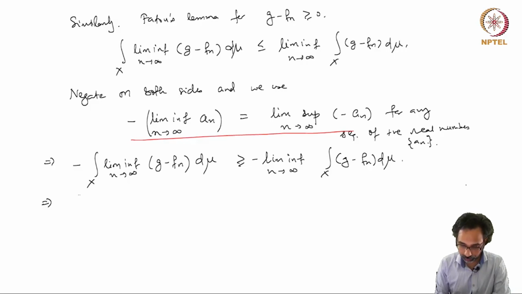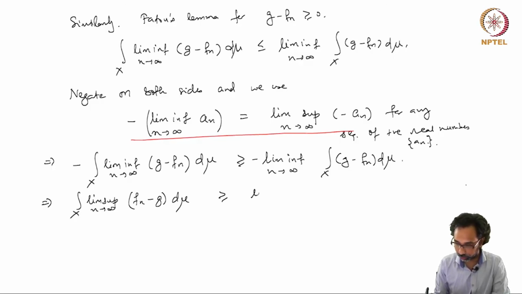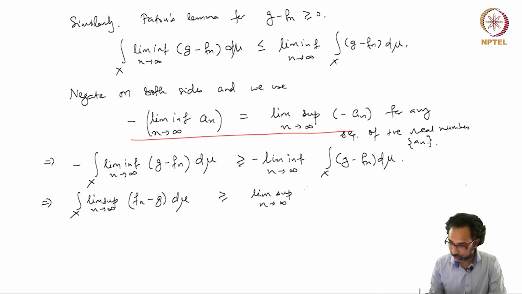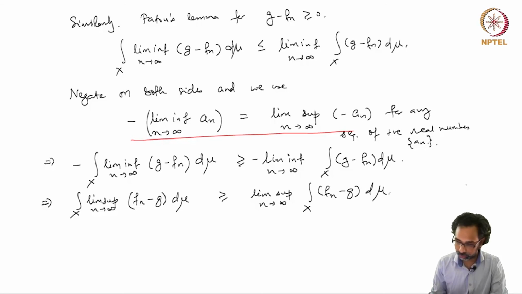So this is nothing but integral of lim sup as n tends to infinity of fn minus g d mu, and on the right hand side you will get lim sup as n tends to infinity of integral fn minus g d mu.